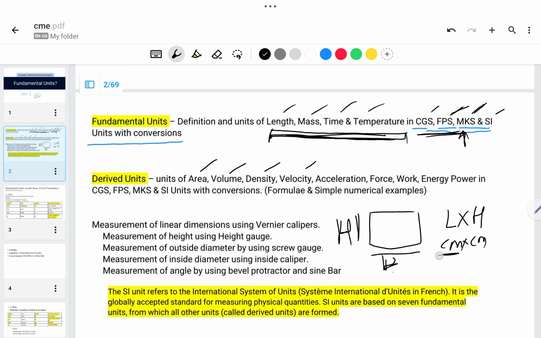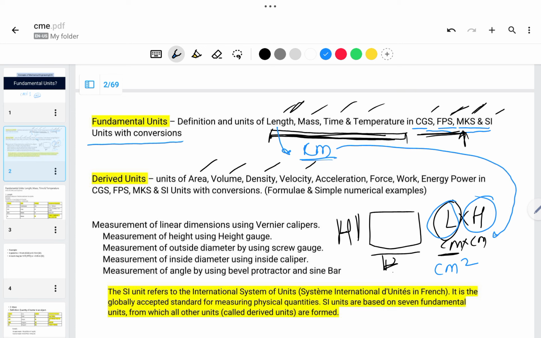Here you are utilizing centimeter. This is length, and the second one is also length. So both are length only. This unit, centimeter square, is derived from this length only. From this centimeter you are deriving this one. That is called a derived unit.